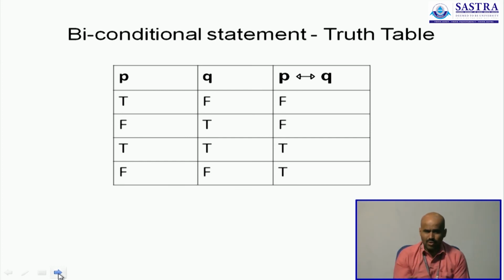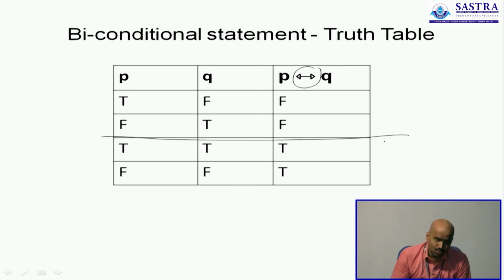Since we have been looking at the truth tables of all such connectives, let's also discuss what happens to this connective. It's a double-headed arrow. So it says the connective will return a truth value either when both are true or when both are false. Therefore, you see, the bottom two rows of the table always end up being true because they are true together, they are false together.